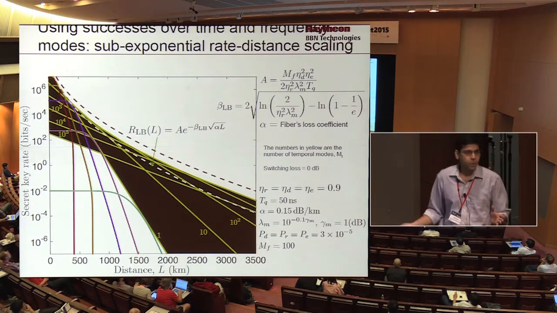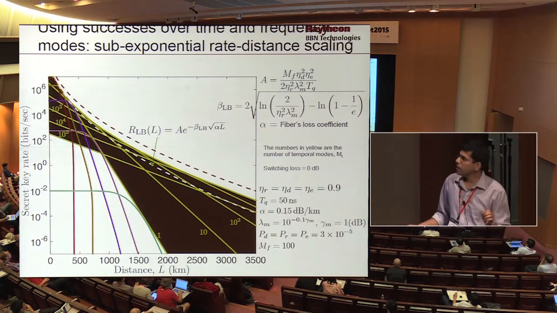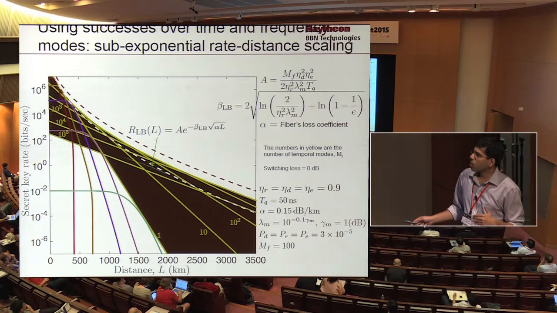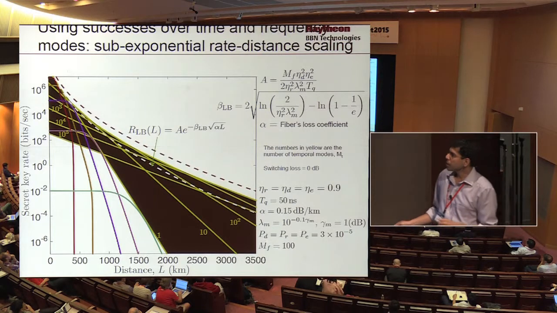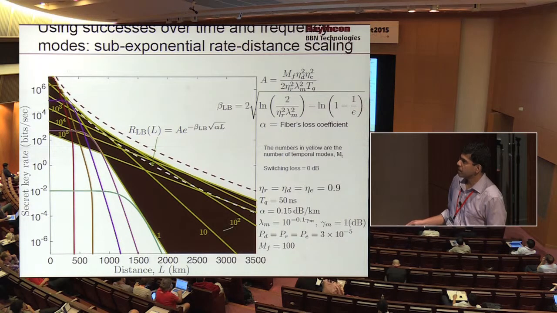To prove this, we assume that. If you have a small amount of loss, it's probably okay, but we are now looking into finding the threshold of that loss which makes this go exponentially bad. So here there are 100 frequency modes, and the time modes keep increasing. If you increase the time modes up to a certain point, when there's no loss, it's very good, actually. So you get this sub-exponential scaling.